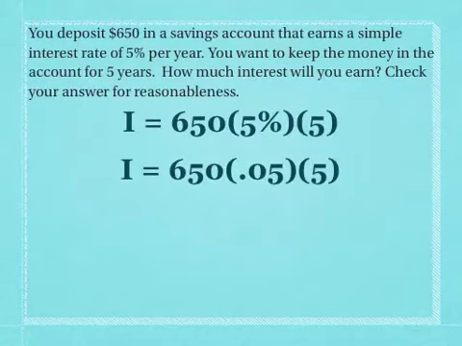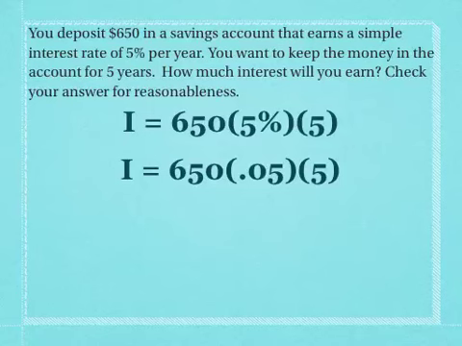Because on the right side of this formula I am only multiplying, I can multiply in any order that I want. I'm going to multiply my whole numbers together first so that I only have to deal with the decimal one time.